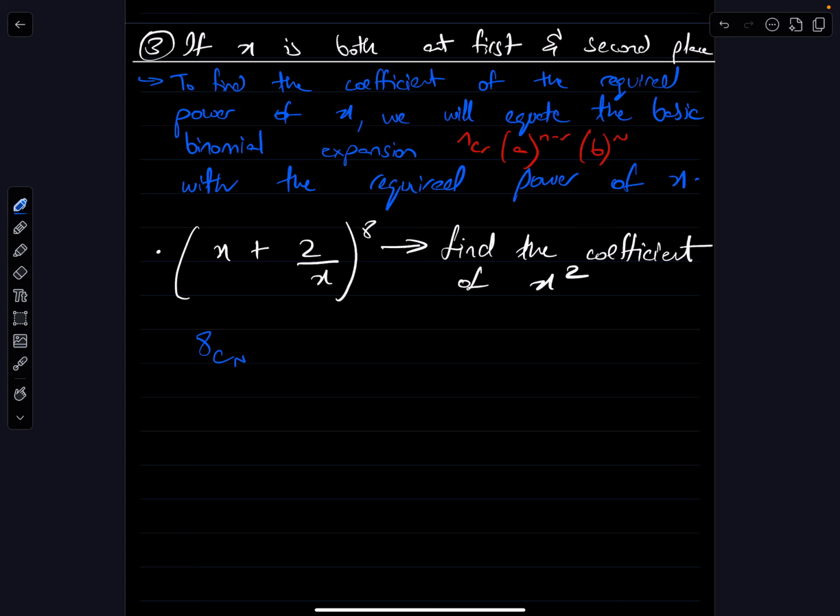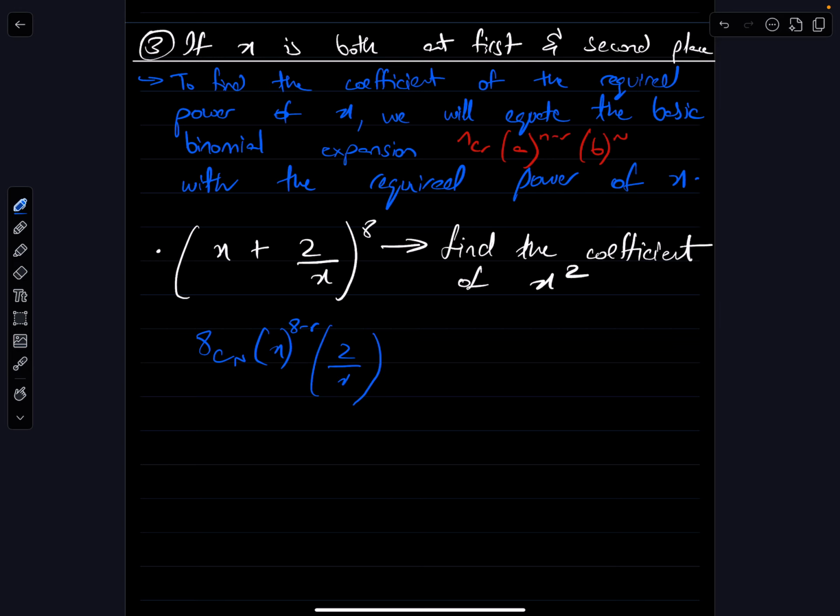We need to find the value of r. Then a, we know a, it's x, and we have 8 minus r, and then we have 2 over x, to the power r, is equal to x squared.